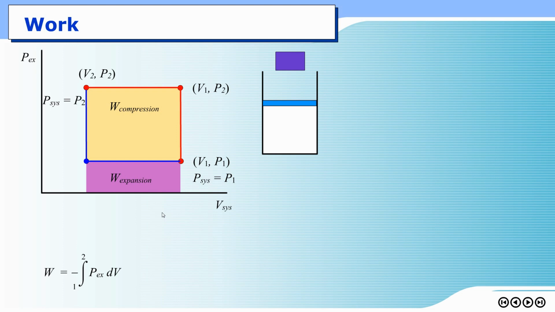From this picture, you will see that the compression work and expansion work are not the same, even though we analyze them from the same equipment. So going inward and going outward does not give you the same work. Also keep in mind that expansion work is the work that we can use.